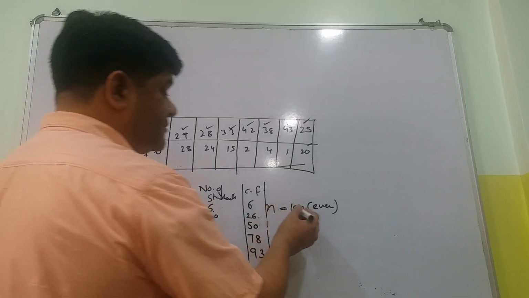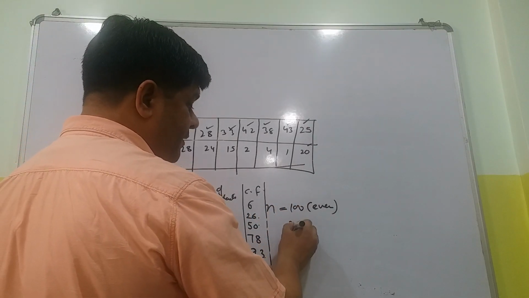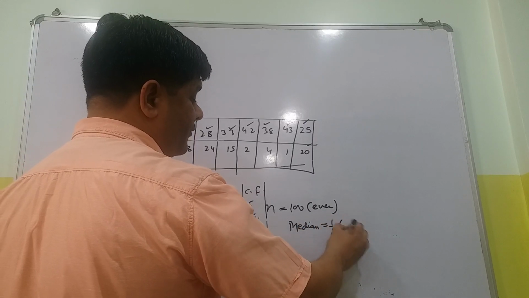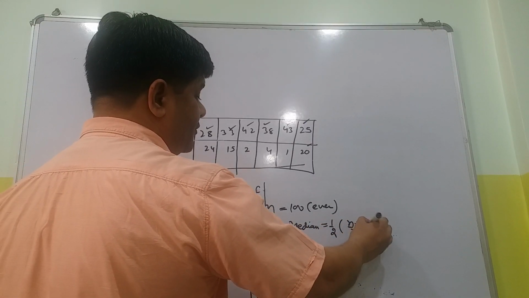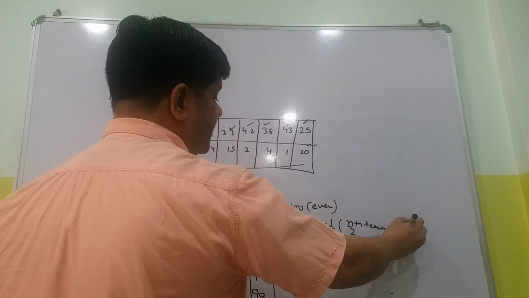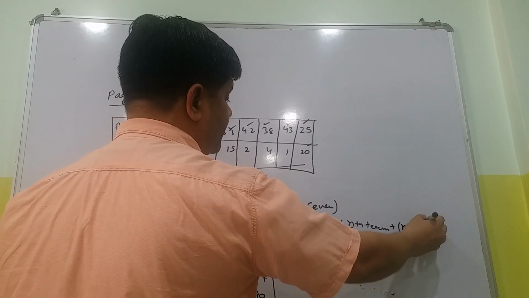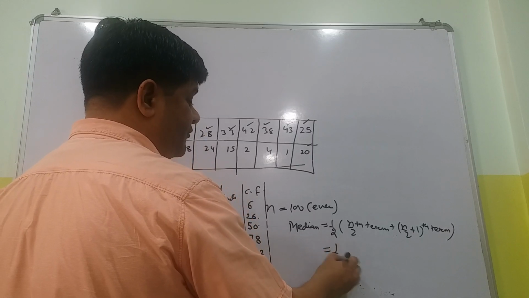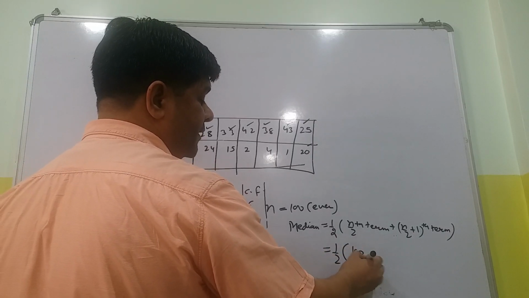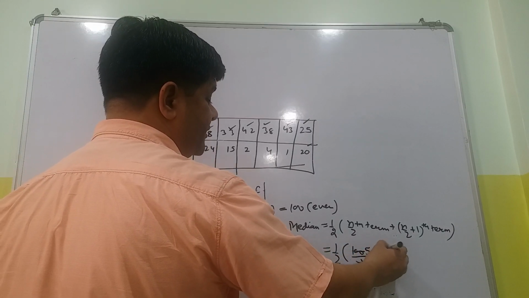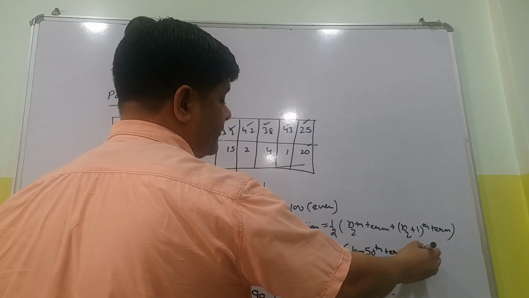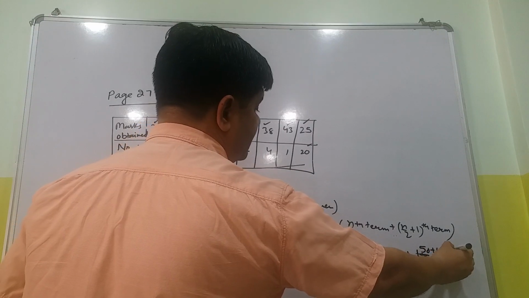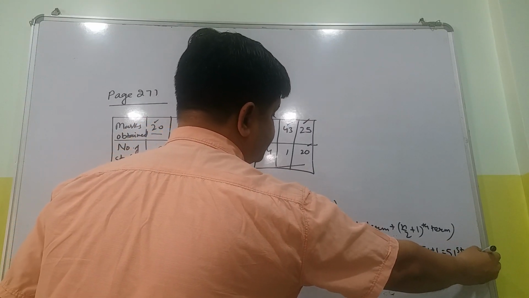Now number of terms are 100, so it is even. Then we will go with our formula, median equal to half of n by 2th term and n by 2 plus 1th term. So what is the number of terms here? 100. 100 by 2 is the 50th term. And 100 by 2 plus 1 is the 51st term.